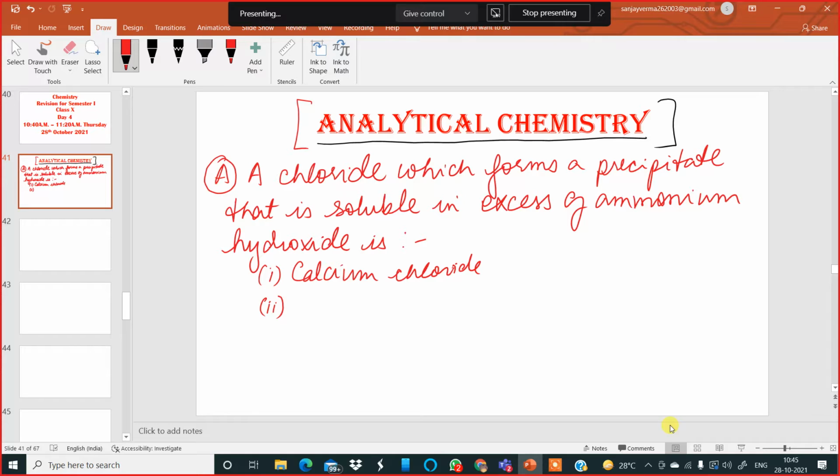The second option is ferrous chloride. The third option is ferric chloride. The fourth option is copper chloride.